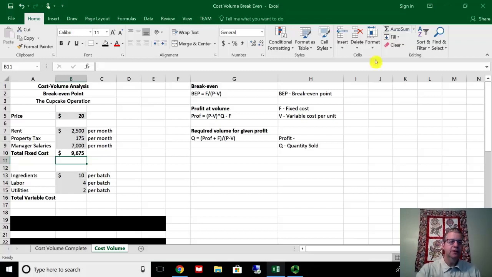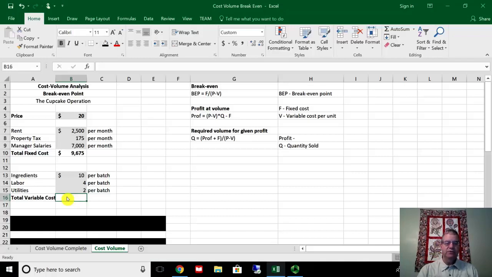Then we have to look at variable costs for making these cupcakes. So what do we have? We have the ingredients. We're talking about flour and sugar and butter and milk, and there's $10 worth of ingredients in every batch. These are just the opposite of the fixed costs. These are variable costs. In other words, if we make no cupcakes, then we have no ingredient cost, so it'd be 0.